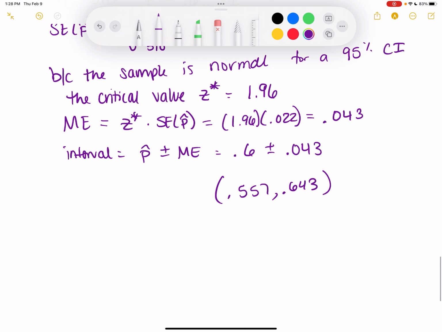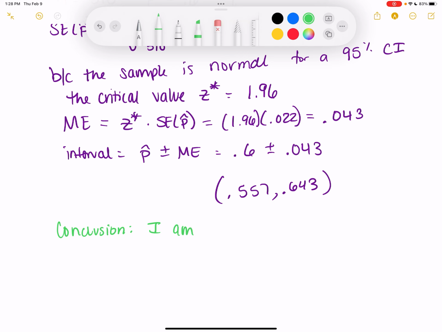So then these problems all require a conclusion, unfortunately. They just do. You have to explain what it means in context. It's a favorite question of the AP test.